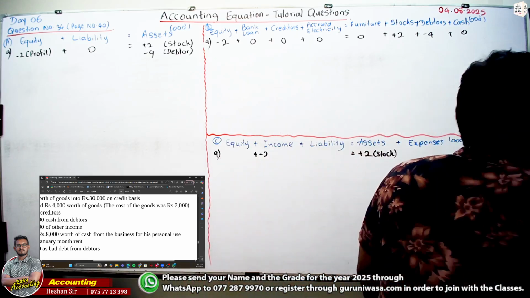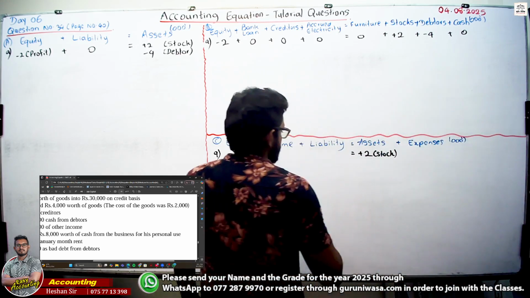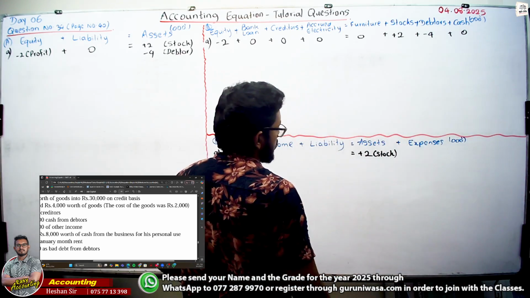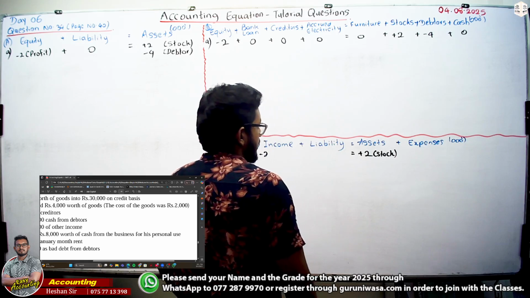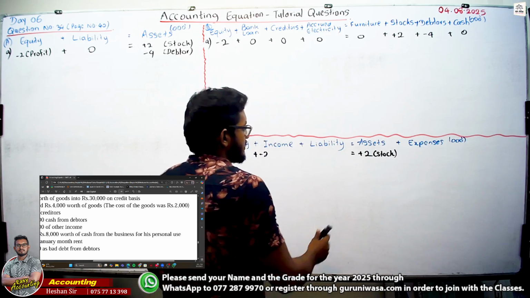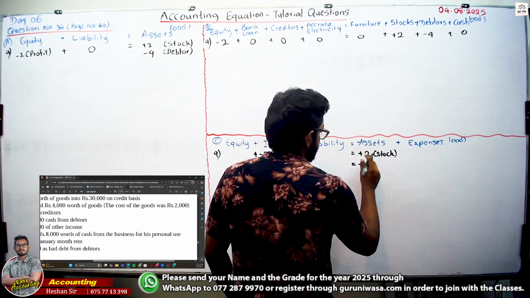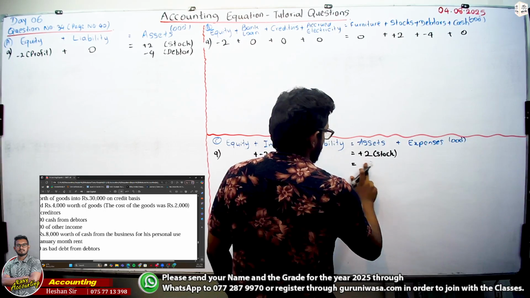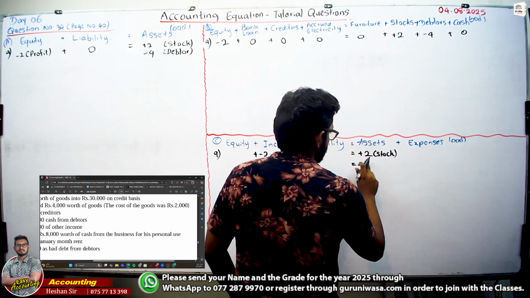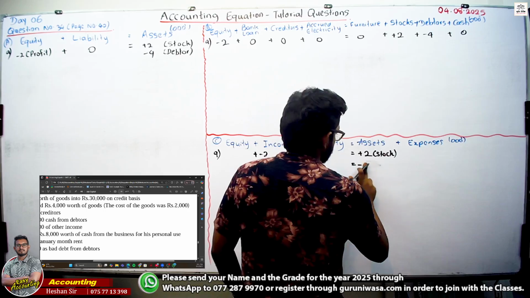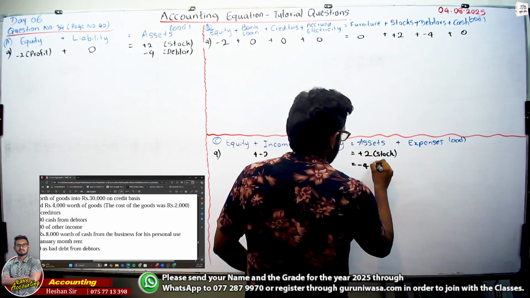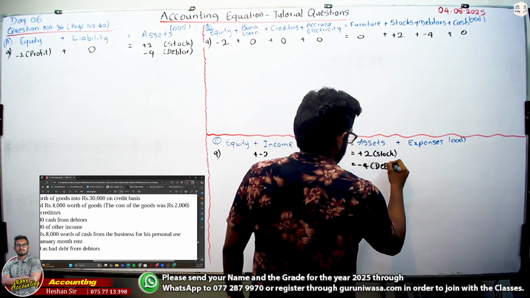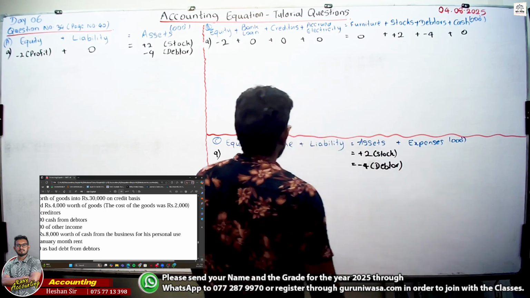So our stock asset increased by 2000, and debtor asset decreased by 4000.